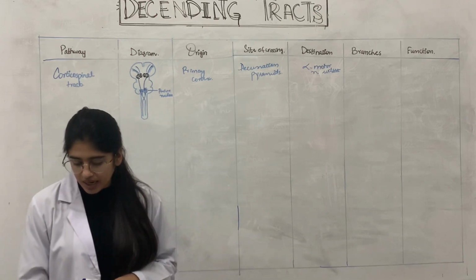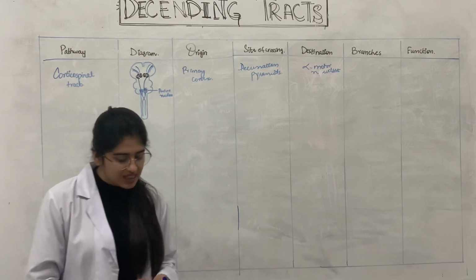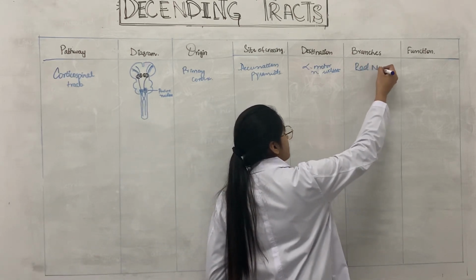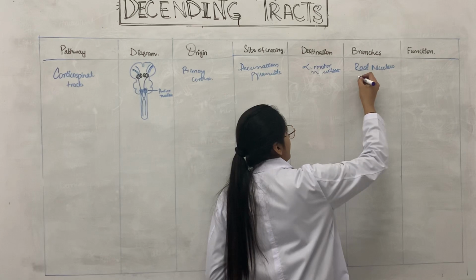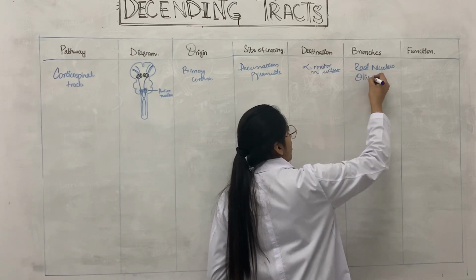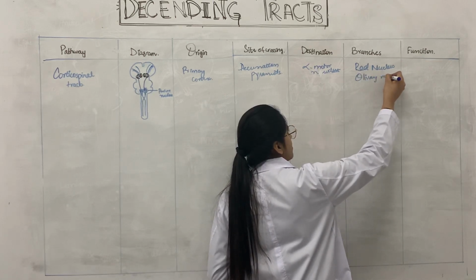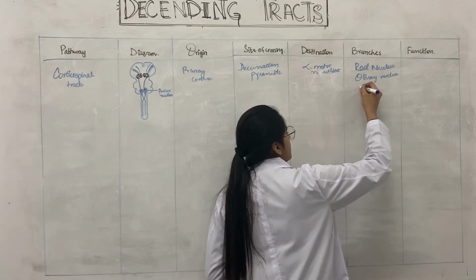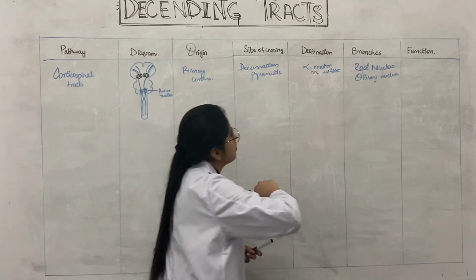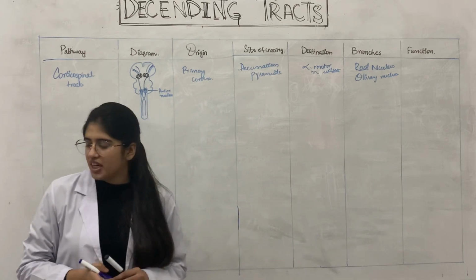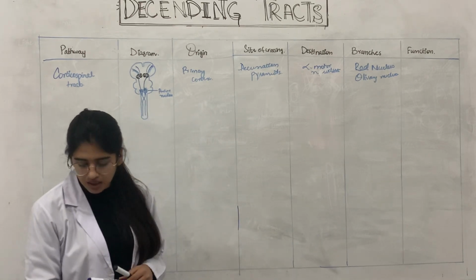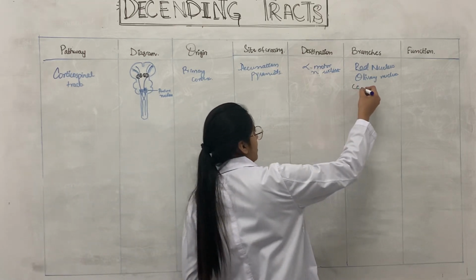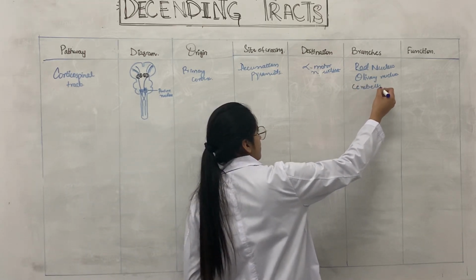And how are they giving the branches? Yes, they are giving branches to the red nucleus. They are also giving branches to the olivary nucleus, and to the interior nucleus, and these are also giving branches to the cerebellar cortex.